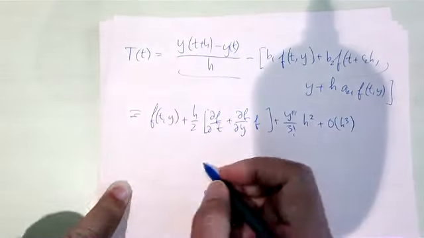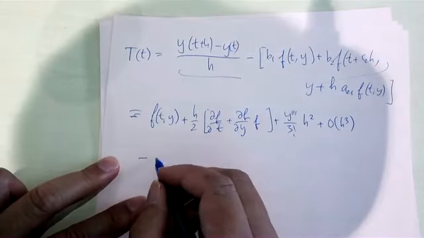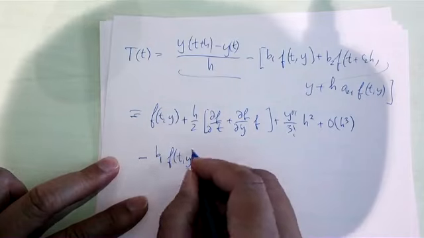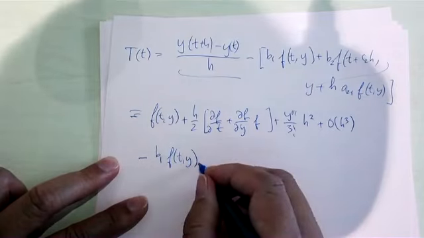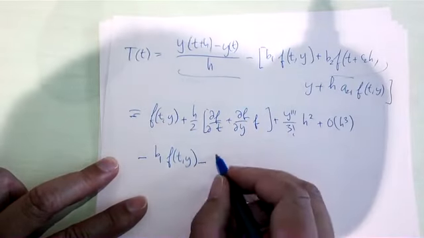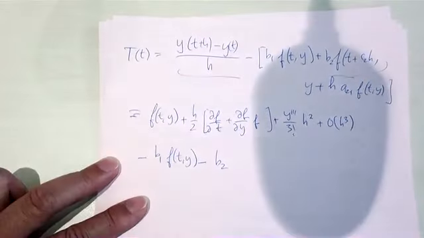Okay, and then we have to minus b1 f dy, then minus b2, and I remember I replaced this one by the Taylor expansion here.